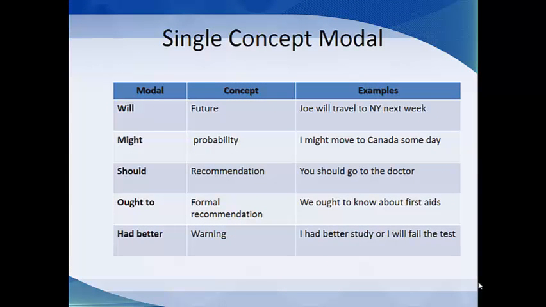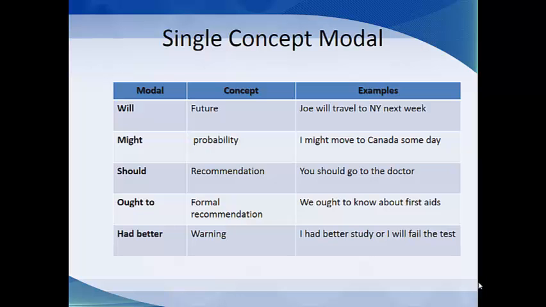Single concept modals. The modal will, the concept is future. Example, Joe will travel to New York next week. Might expresses probability. For example, I might move to Canada someday. Should expresses recommendation.